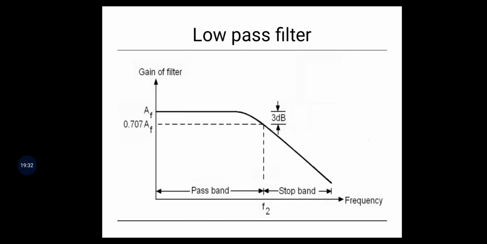In the pass band the gain is AF. After Fh there is a band called the stop band, where the gain decreases. So in the pass band only we get the output signal. In the stop band we are not getting any output signal. That's why it's called a low pass filter.